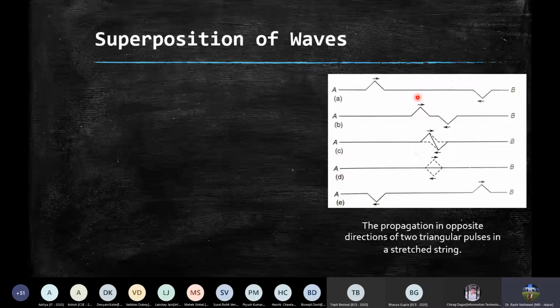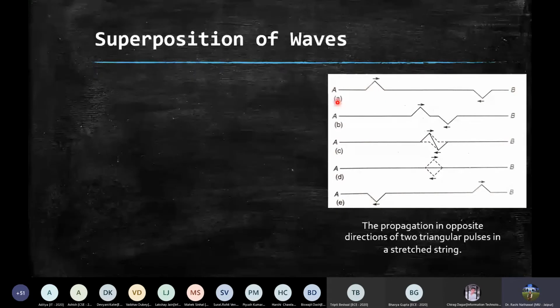When two sets of waves are made to cross each other, for example, in position A, this wave is going to the right side and this wave is going to the left side.